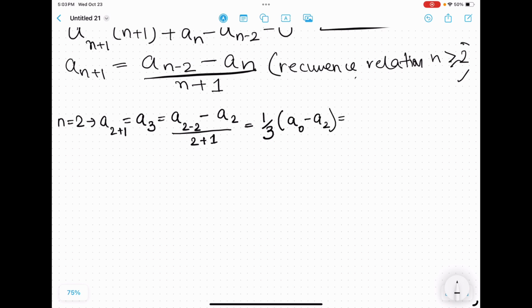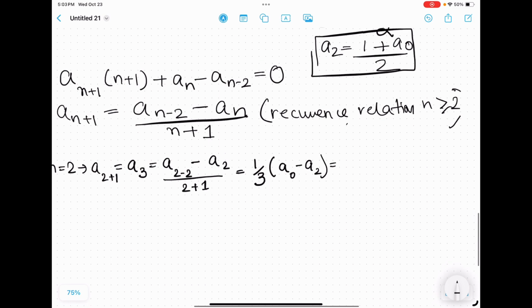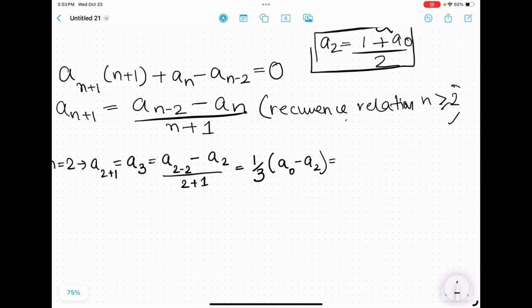I know that my a sub 0 is arbitrary, so it stays the same. And I know my a sub 2 is (1 plus a sub 0) by 2. So let's substitute that over here. I have a sub 0 minus (1 plus a sub 0) divided by 2. If you simplify that, you'll get 1 by 6 a sub 0 minus 1 by 6.